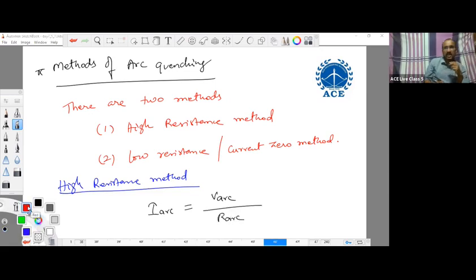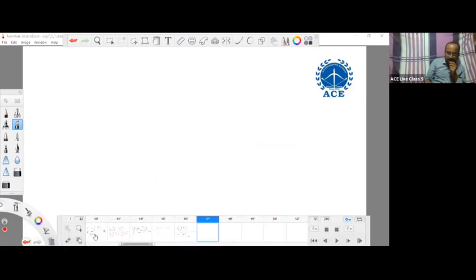So in the high resistance method, the arc current is reduced to zero by increasing the resistance of the arc. If you increase the resistance of the arc, the current will be reduced to zero. Understood my point? Okay. So, what is our point?